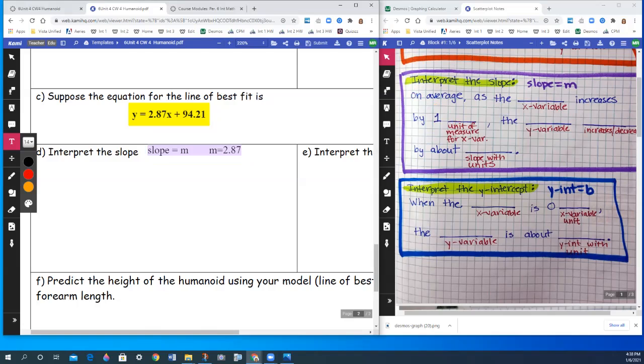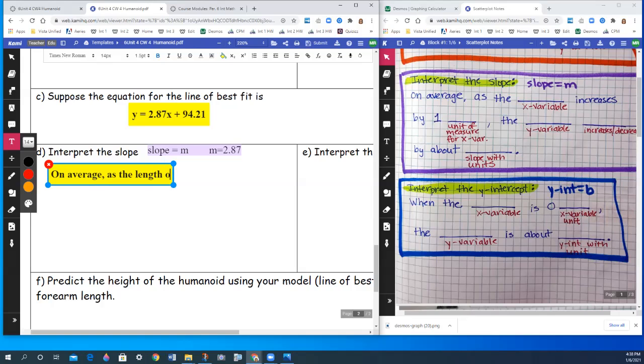So let me get my text box again. Okay, so I'm going to say on average, as the, and then this is always your X, which is the length of the forearm, and here we're always going to say increases by 1 and whatever the unit is.